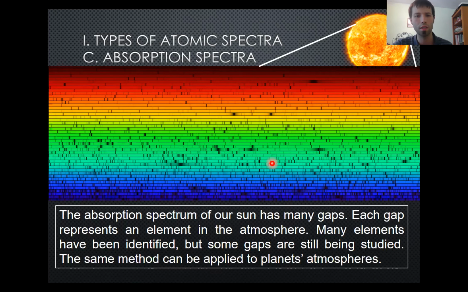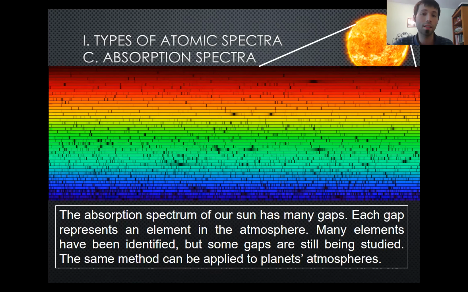So even though hydrogen and helium make up most of our sun, there's lots of minute elements in the sun, and many of them have not been identified yet. Scientists know what a lot of these gaps mean. They can tell what elements are inside the sun, but there's still many gaps that scientists don't know about. They're still being studied, and they're still trying to figure out, well, what is actually inside the sun? Is it a different element? Is it a different phenomenon?